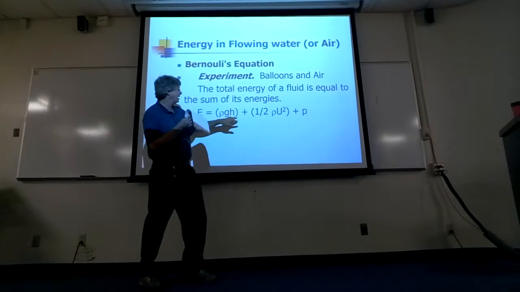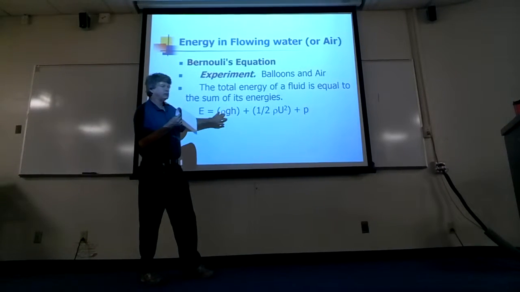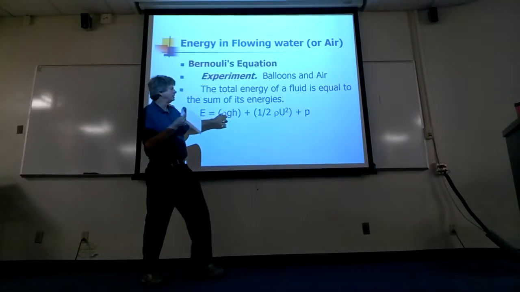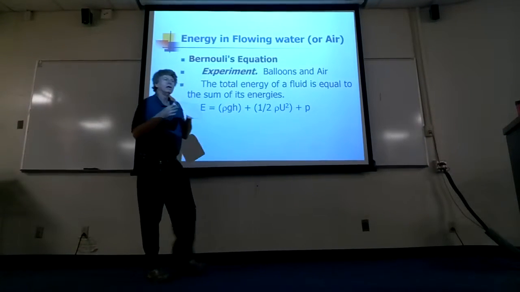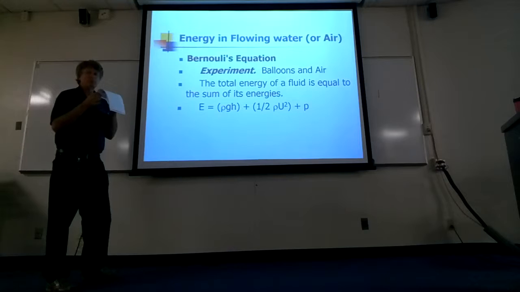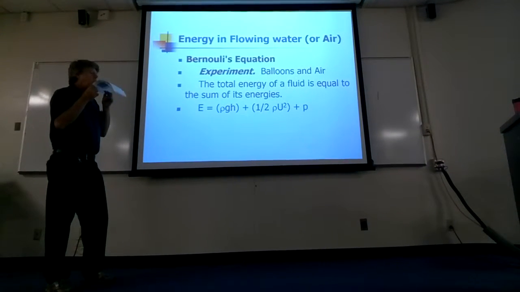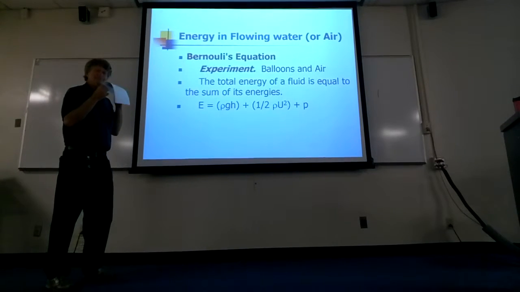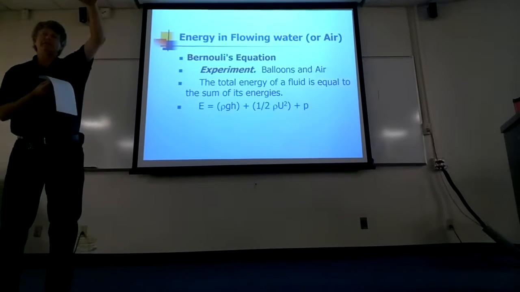And it turns out that when you raise this, you lower pressure to compensate. And so this is why Bernoulli's equation explains why airplanes fly. If you blow across the top of a piece of paper, it lifts.